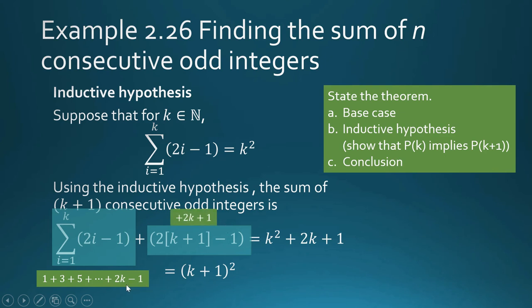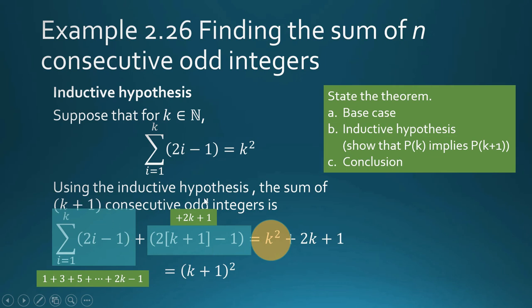In fact, if you want to obtain the next positive odd integer after 2k minus 1, all you have to do is add 2. And when you add 2 here, minus 1 plus 2 is 1. That's why it becomes 2k plus 1. Where did this come from? It comes from your inductive hypothesis. This is equal to k squared.